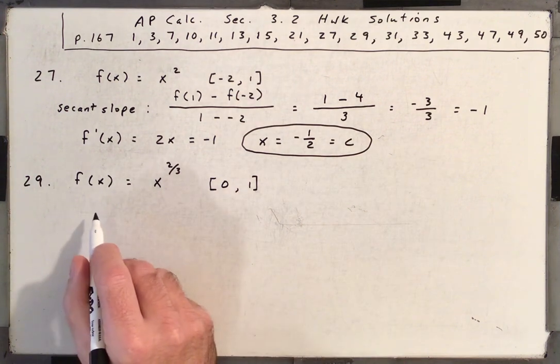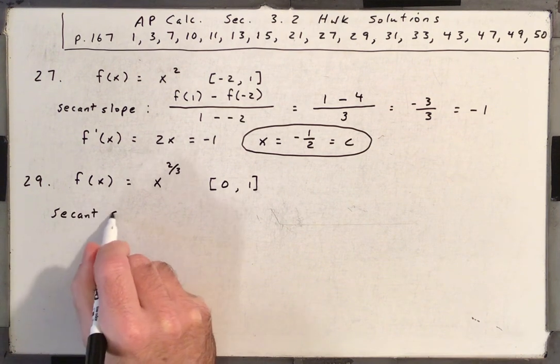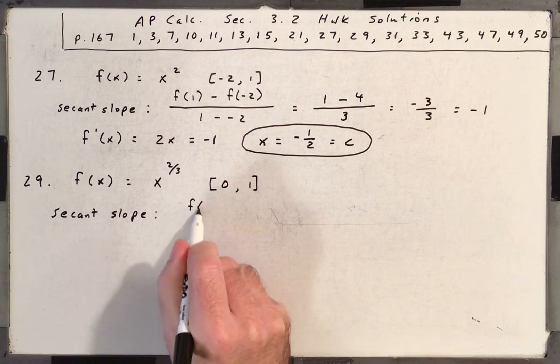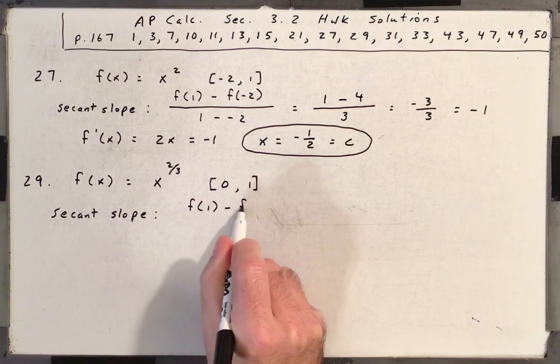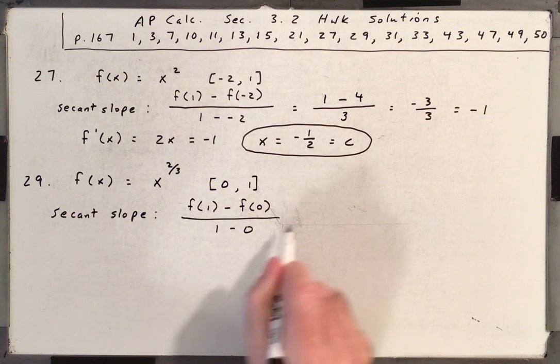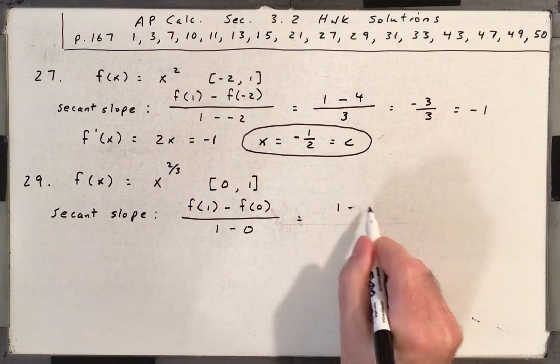Let's get the secant slope. That's going to be f of 1 minus f of 0 over 1 minus 0. So 1 to the 2/3 is 1, 0 to the 2/3 is 0.